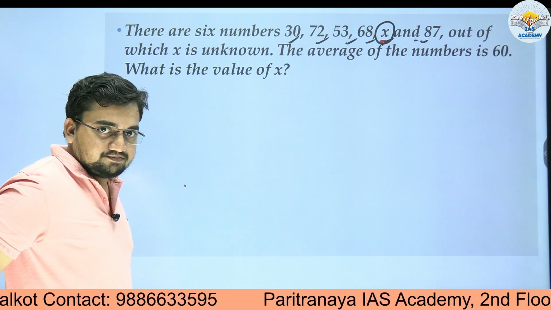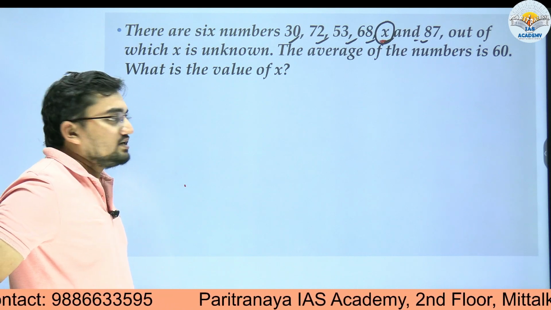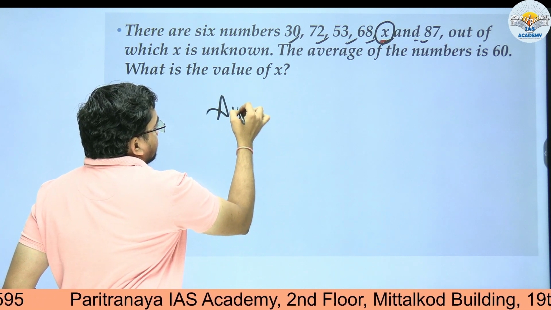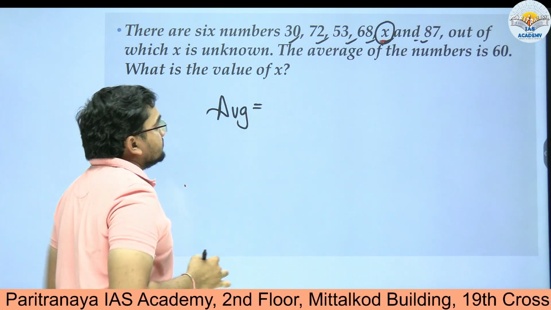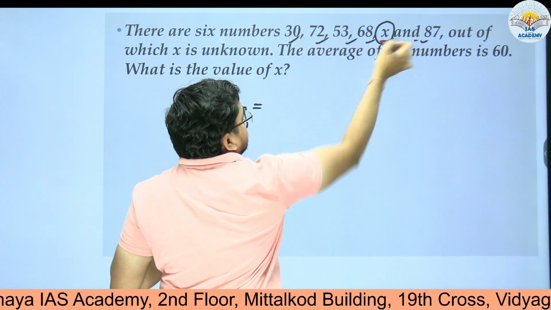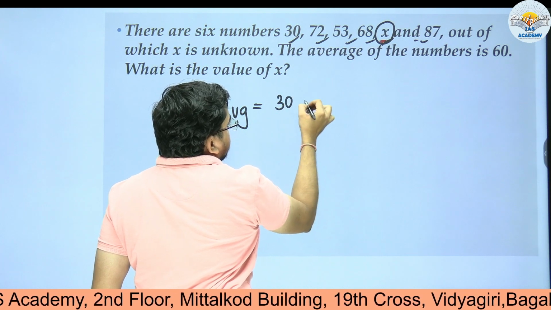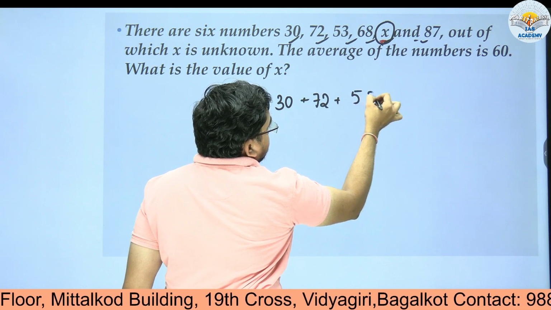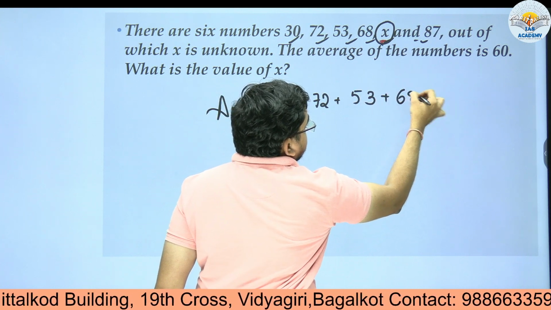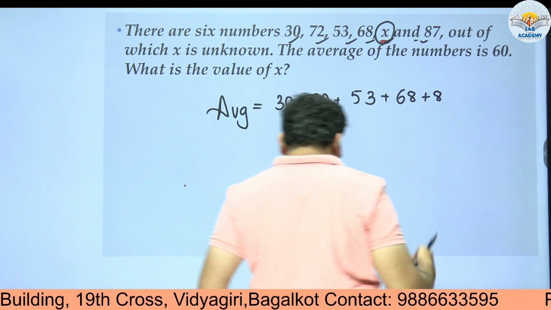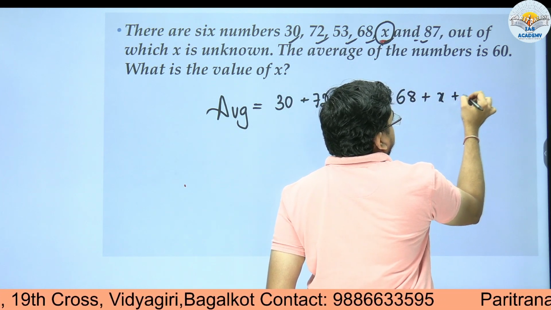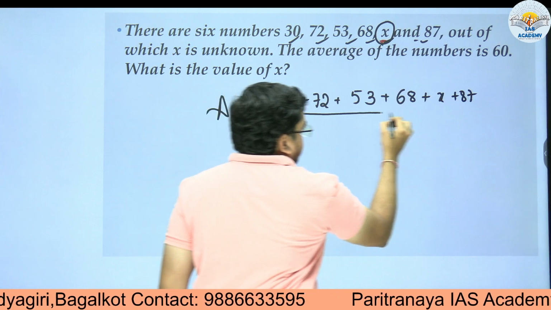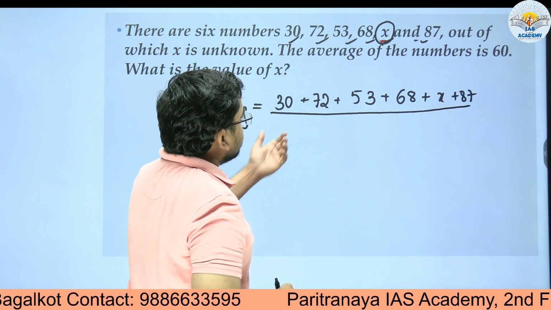So for this question, we have to directly apply the average formula. Average is equal to the sum of observations, those are 30 plus 72 plus 53 plus 68 plus 80 plus x plus 87, whole divided by the number of observations.